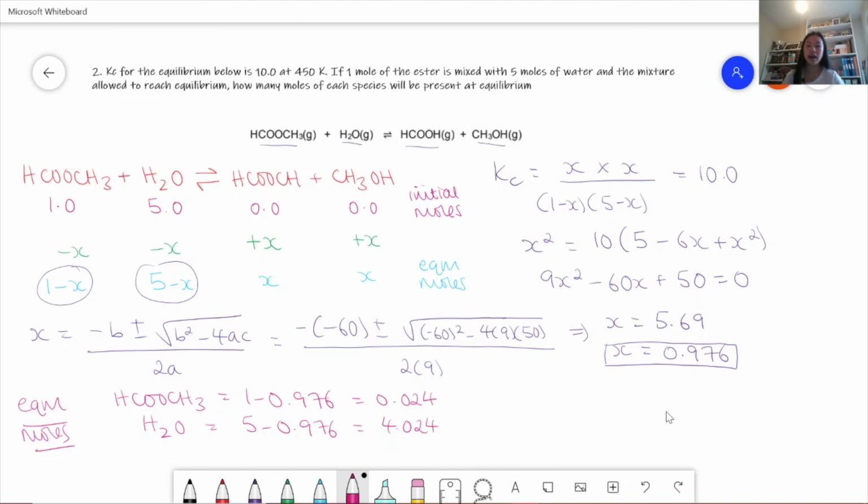And then we have HCOOCH3, which will be equal to 0.976. And then also we have the methanol, which will also be 0.976. And those are our equilibrium moles.